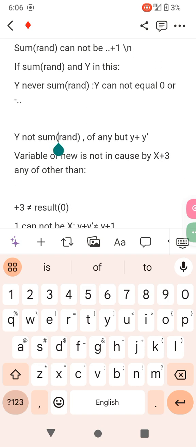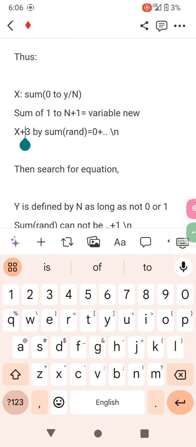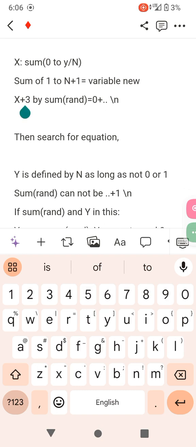Therefore, some random will always be not y as long as this holds true with x plus 3 or x plus 3 equaling some random, or better said x plus 3 and x defined by that. Some x is some random.